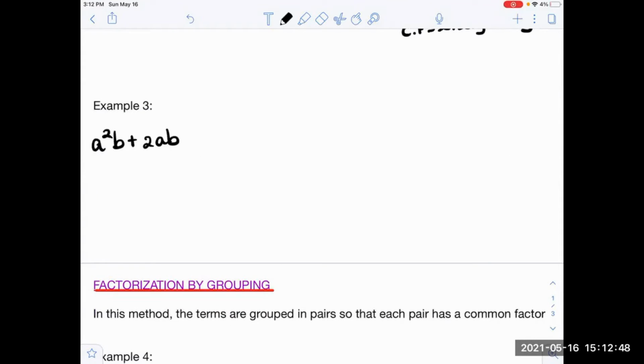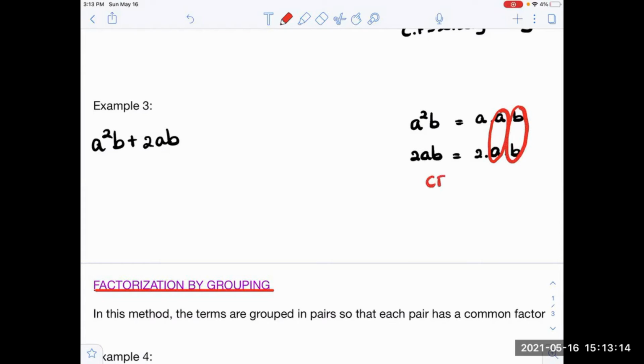In my example, I have a squared b and 2ab. a by a by b, 2 by a by b. I am going to circle the common factors. a and b are common.